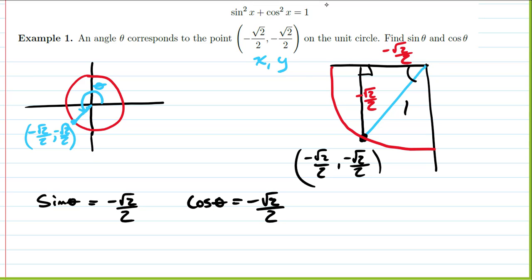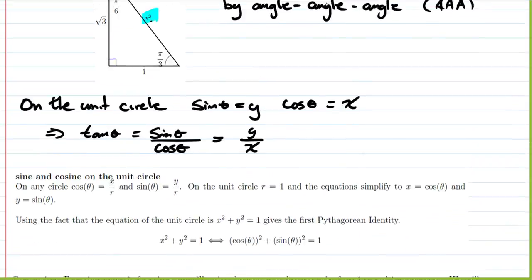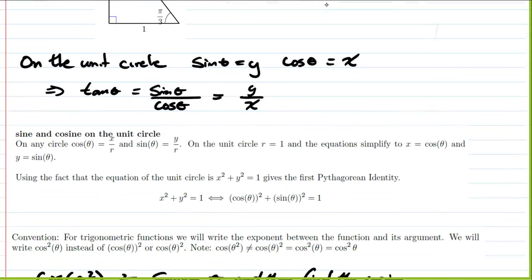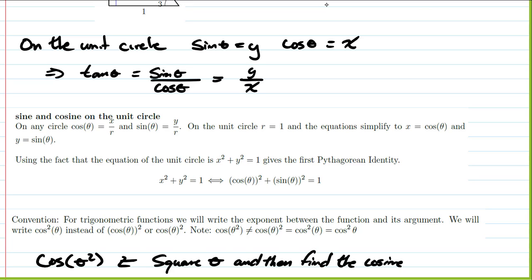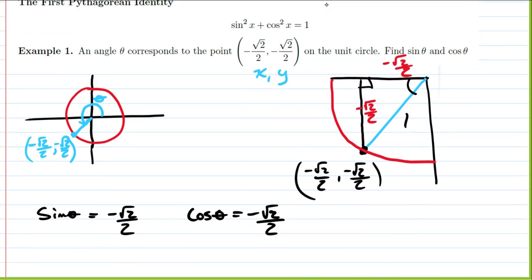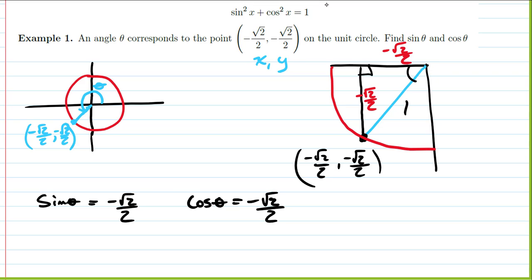So let's talk a little bit about this. Did I need to draw any of those pictures? Not really, because it helped me visualize it. But what was our definition of sine and cosine on the unit circle? Well, on the unit circle, cosine is x and sine is y. Well, what's my x coordinate and what's my y coordinate?